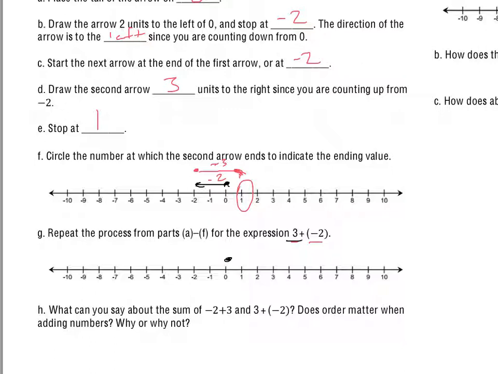We're starting with a positive 3, so we're moving forward 3. Let's say positive 3. And then we have our second value, negative 2. So I'm going to move backwards 2 to negative 2. So looking at this, again, we end at positive 1.